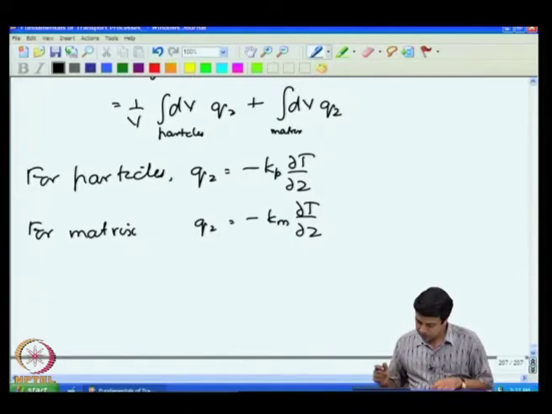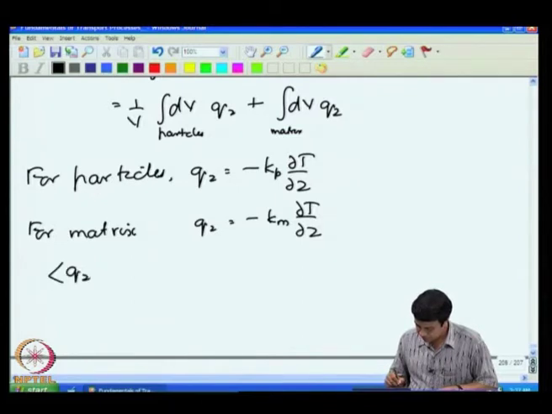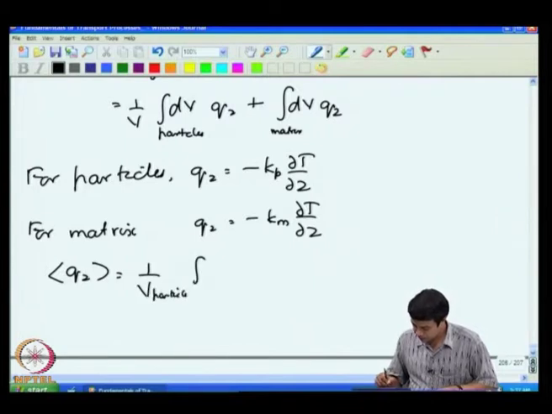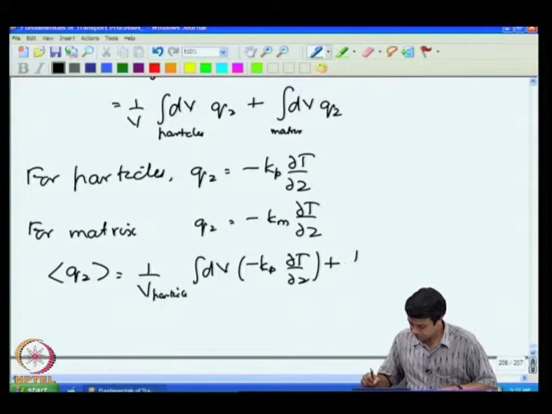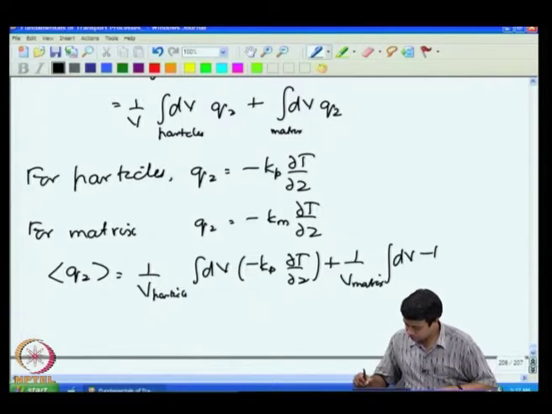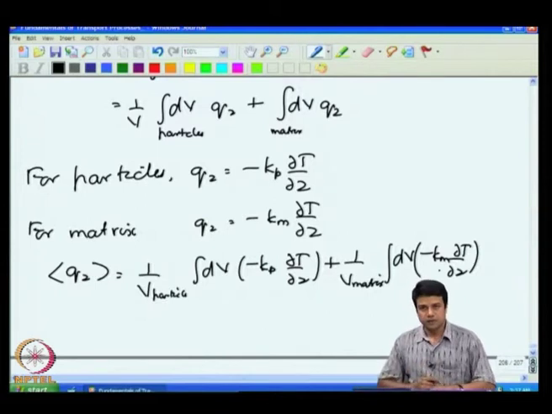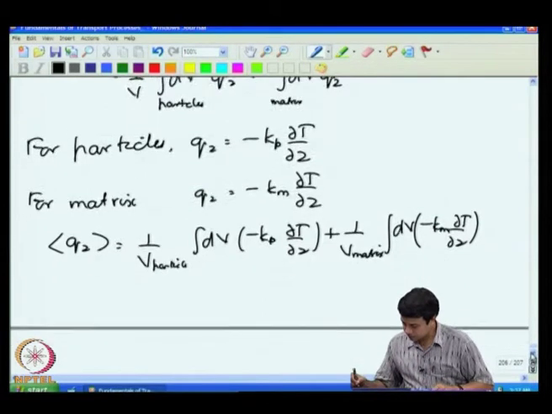So, therefore, I can write the average of q as 1 over V particles, summing it over the particles and over the matrix.